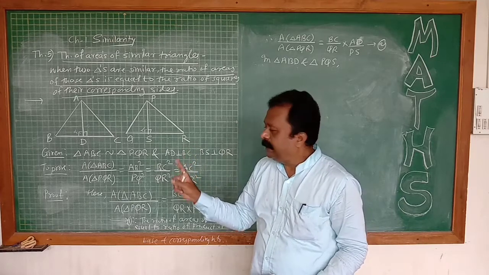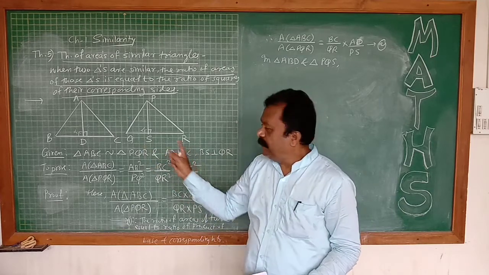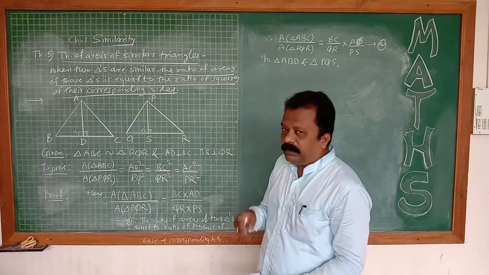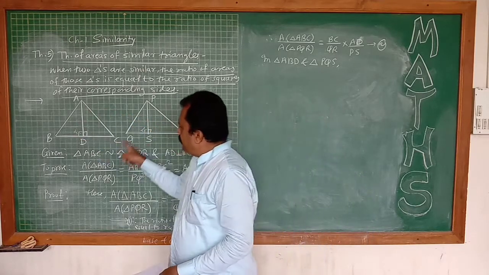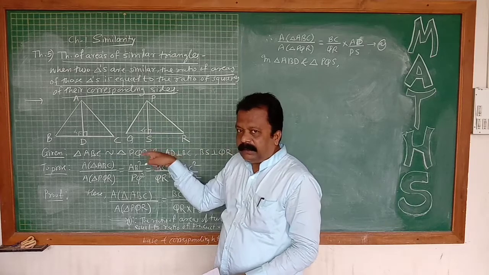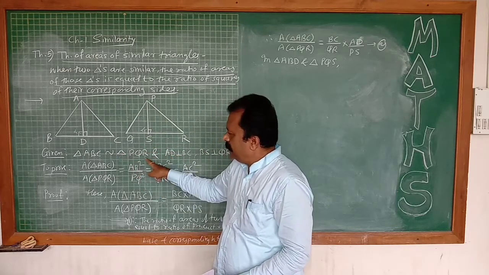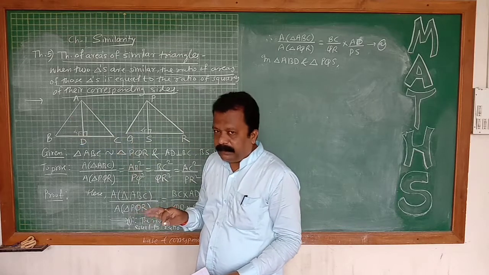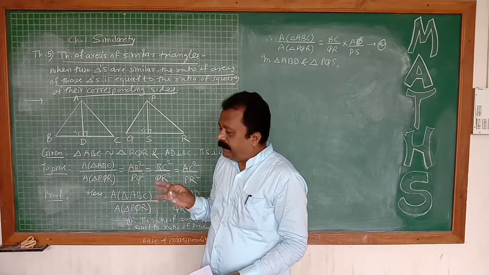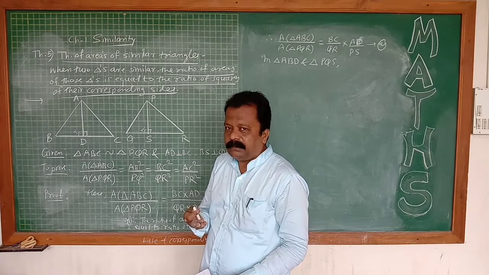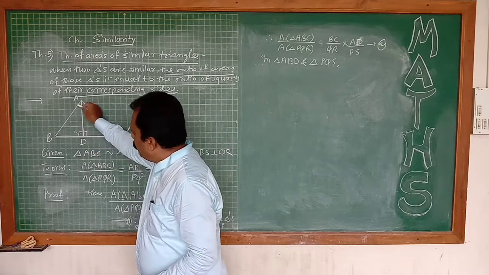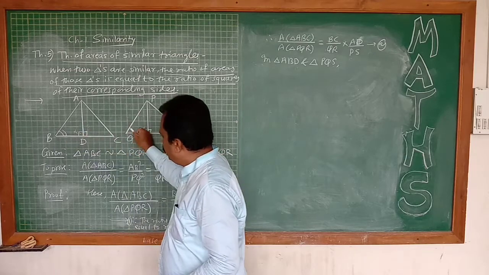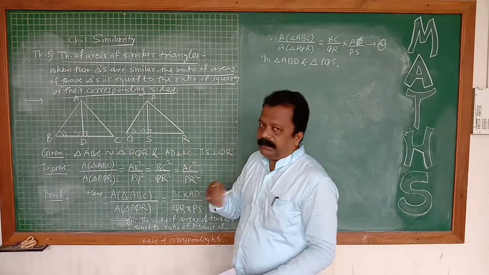If we get one more corresponding pair of angles, then by the AA test we can show these two left side triangles are similar to each other. Now we know that triangle ABC and triangle PQR are similar, given. So these big triangles ABC and PQR are similar, then corresponding angles are congruent. So angle A congruent to angle P, angle B congruent to angle Q, and angle C congruent to angle R, that we know.